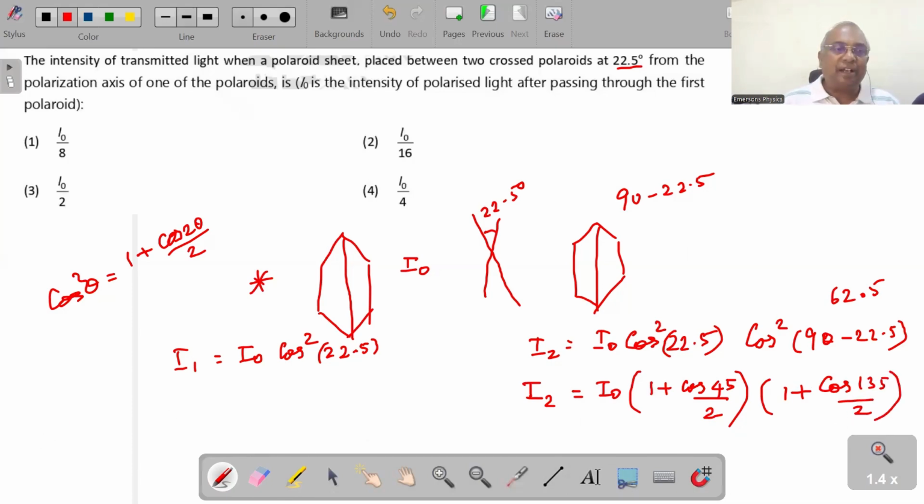Next, cos 135 is nothing but cos of 90 plus 45, which comes in the second quadrant, so it is minus sin 45.